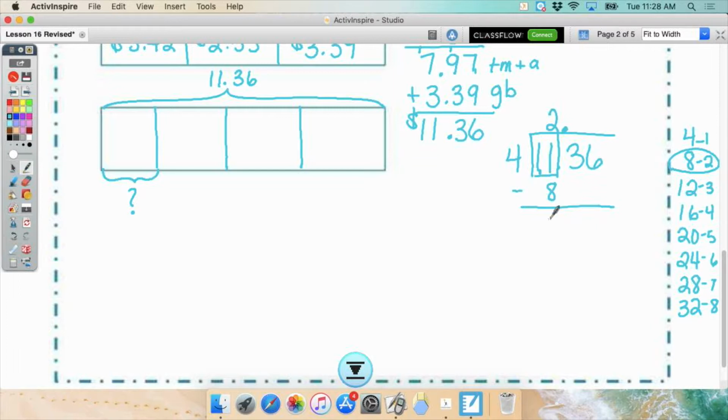Now I will subtract. 11 minus 8 is? 3. Okay. Can I bring down my 3? Yes. 3 is less than 4. So now, got to find a number close to 33 without going over. 32.